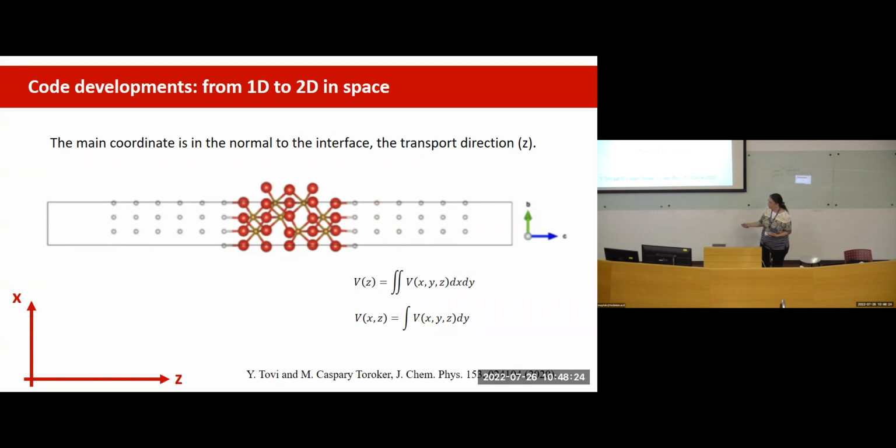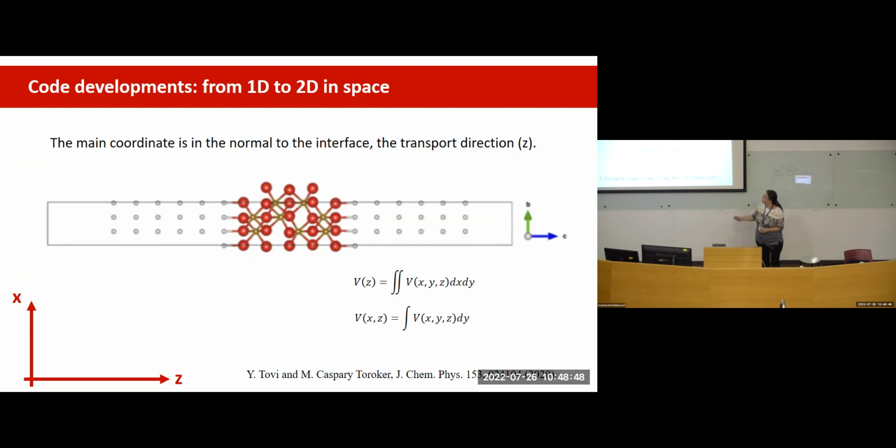So what we get in VASP is a three-dimensional potential energy, and what you get when you do a work function calculation is usually an average over some surface plane, giving a one-dimensional potential. And with that, you can continue with our code and do dynamical calculations.